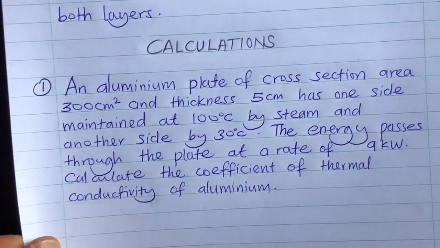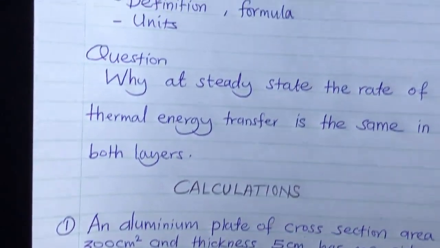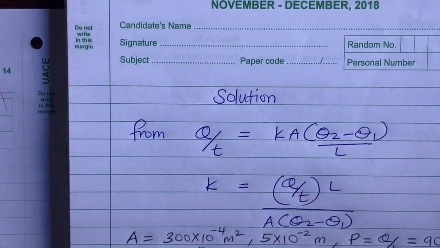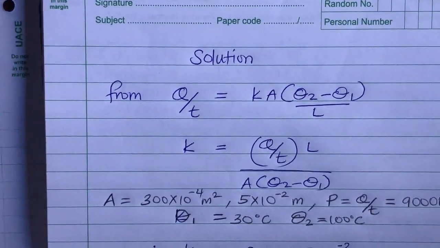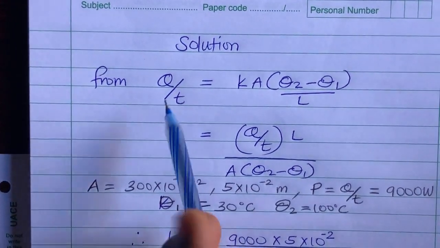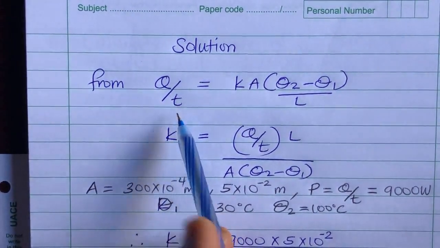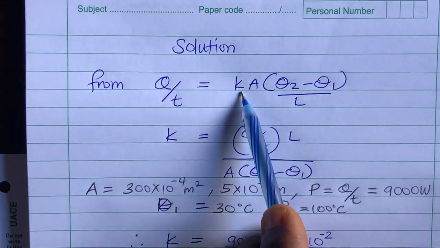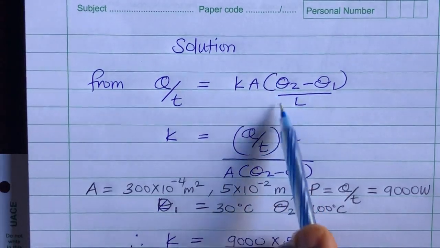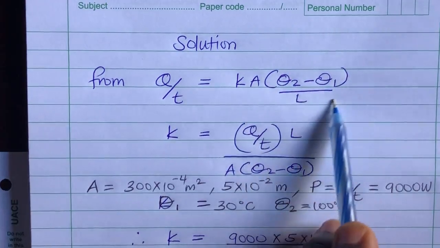So we shall derive the formula for K from the definition. From the general formula of the rate of heat flow, we saw that the rate of heat flow is given by K, where K is the thermoconductivity, times the cross-sectional area A, times the temperature gradient.